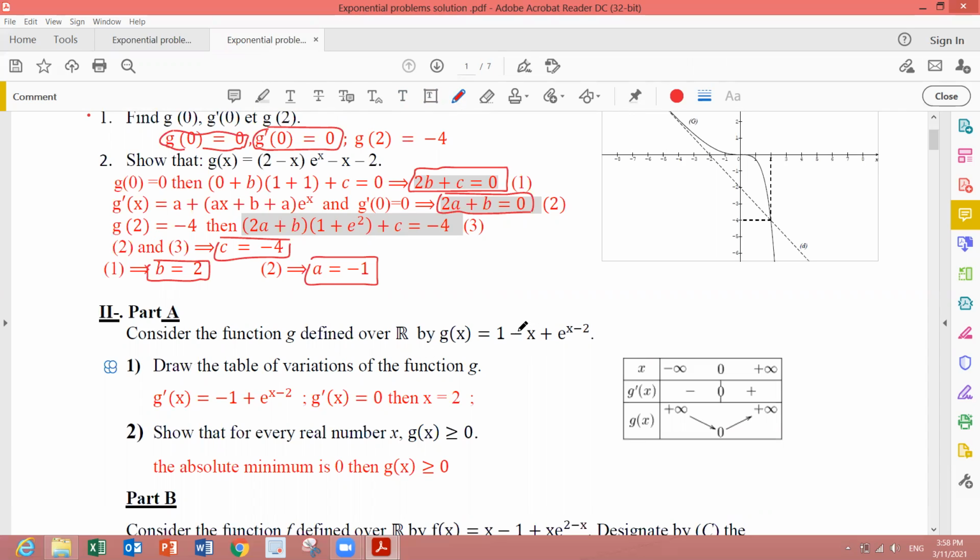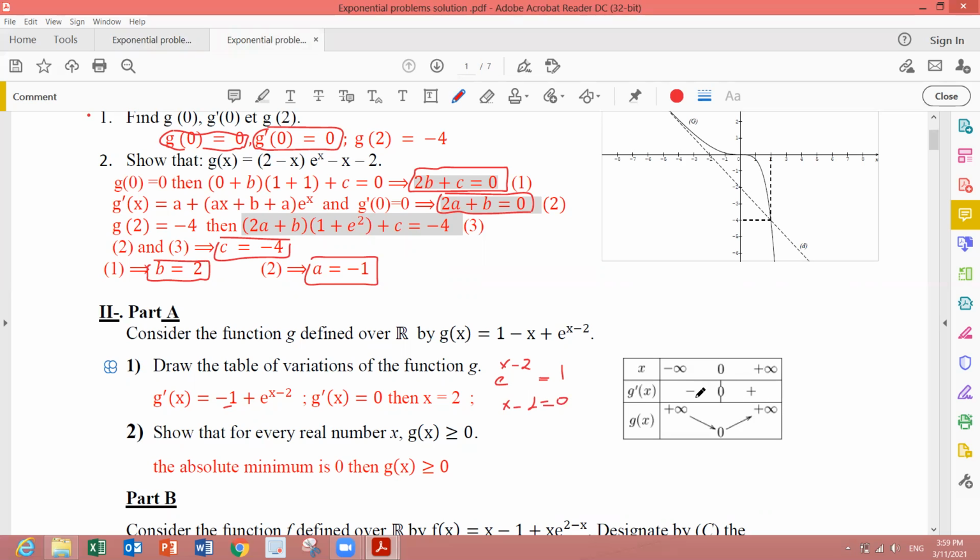So g prime of x: derivative of minus x is minus 1, derivative of e to the x minus 2 is e to the x minus 2. g prime of x equal to 0 means e to the x minus 2 equals 1. Take ln of the two sides, then x minus 2 equal ln 1, which is 0, then x equal 2.